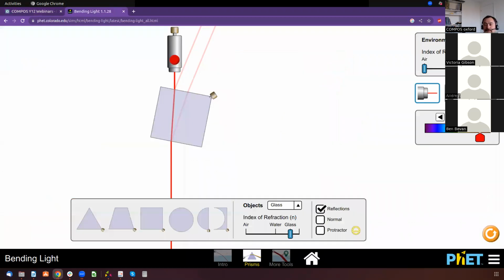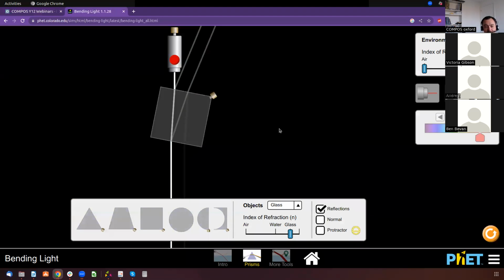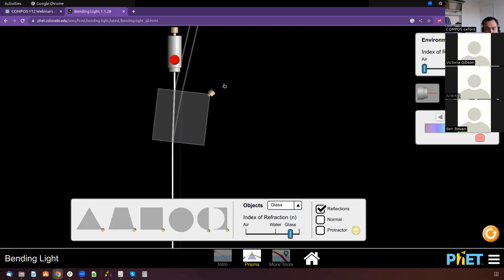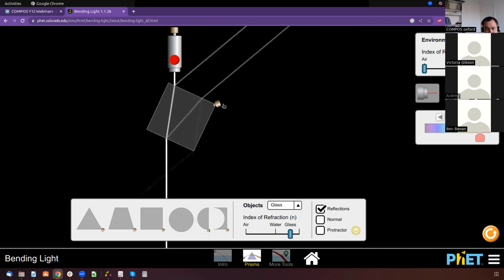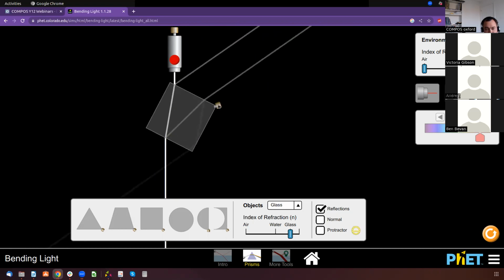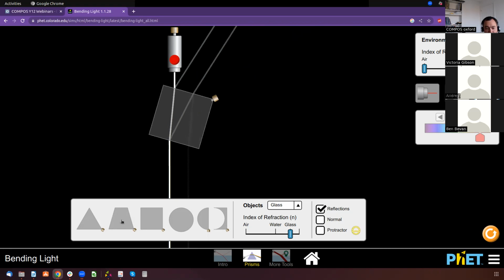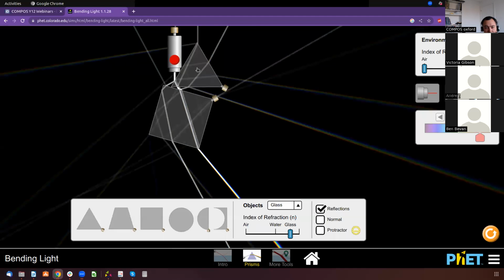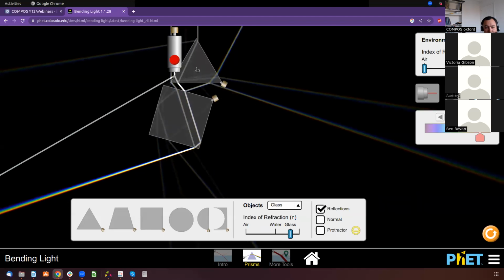And if you use white light, nothing really changes. It's the same idea. Interestingly, oh wow, that's quite cool.